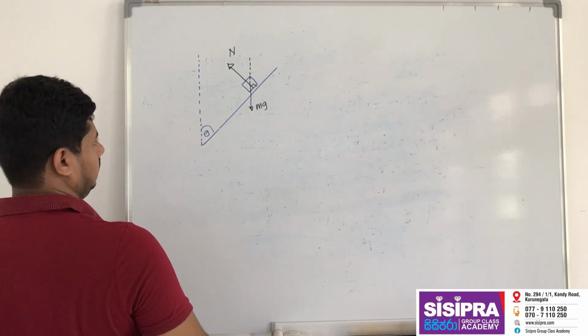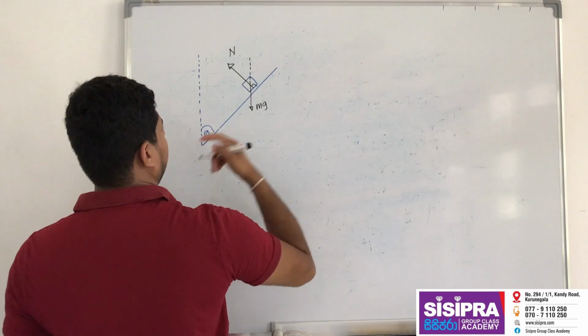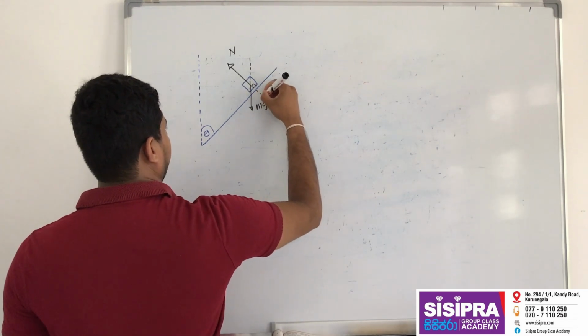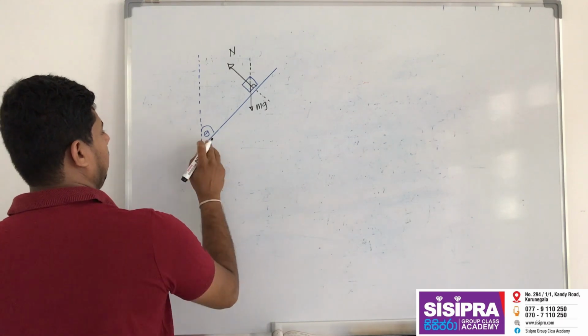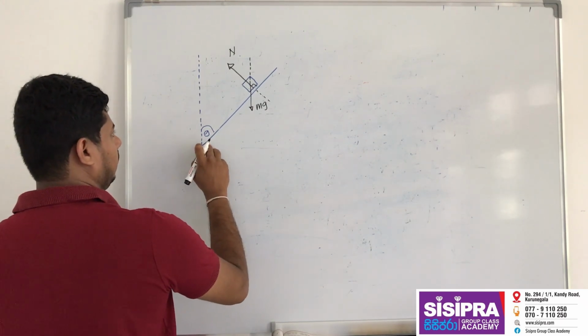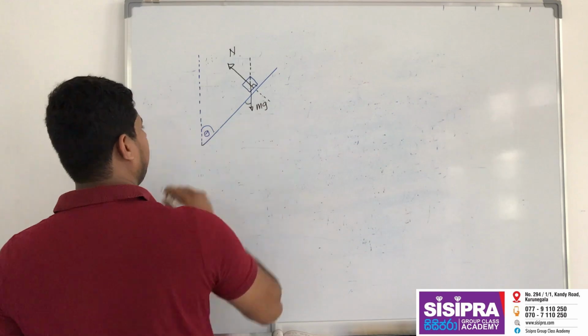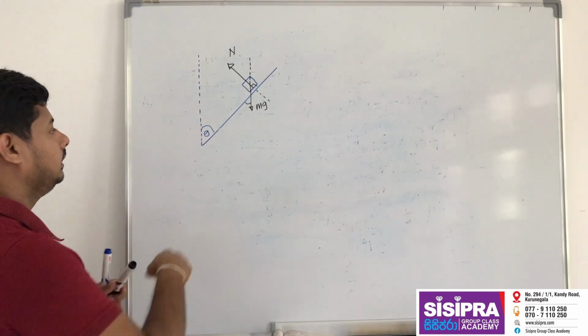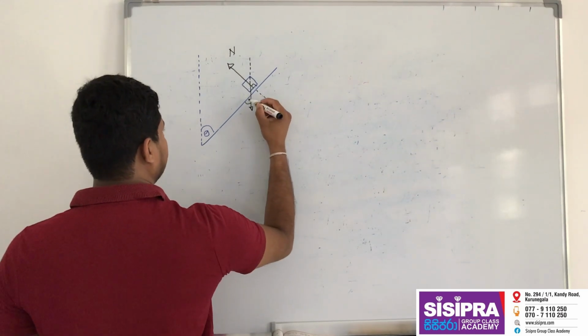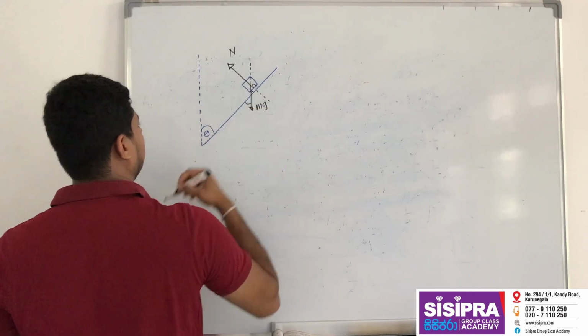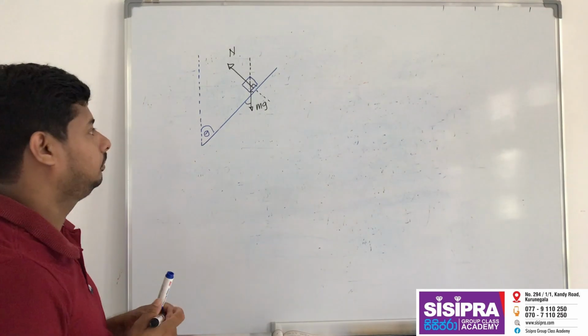So what are the angles, right? So I will extend this one also to here. So you know that if this angle is theta, then this angle must be theta. These are alternating angles. If this angle is theta, this angle also become theta.